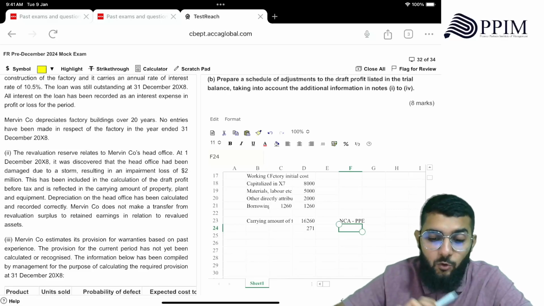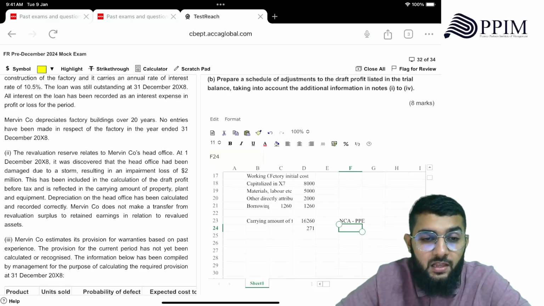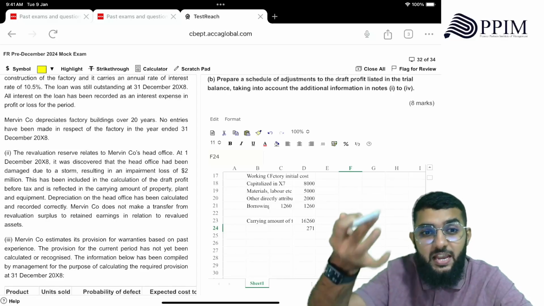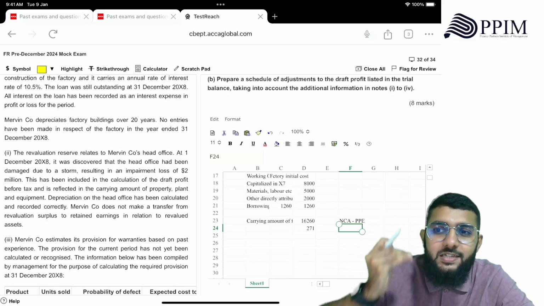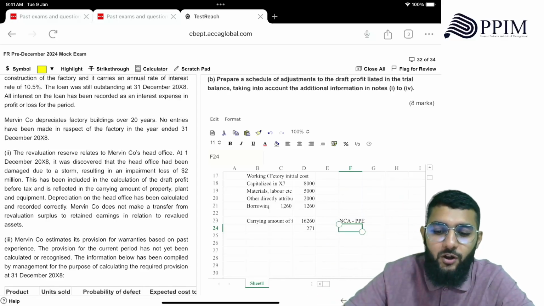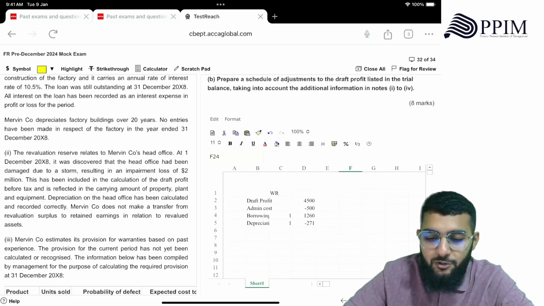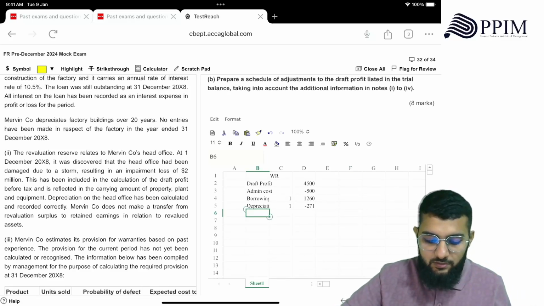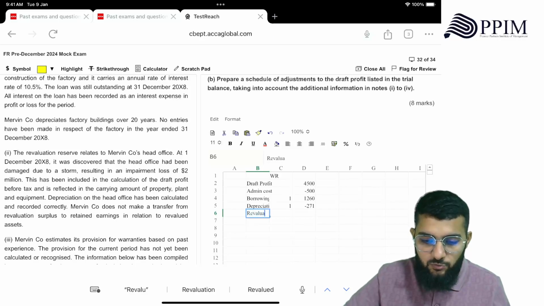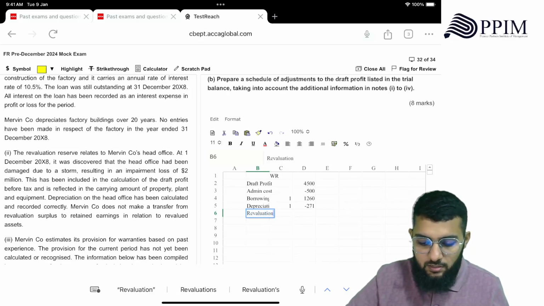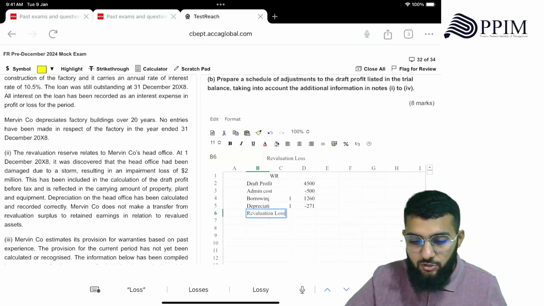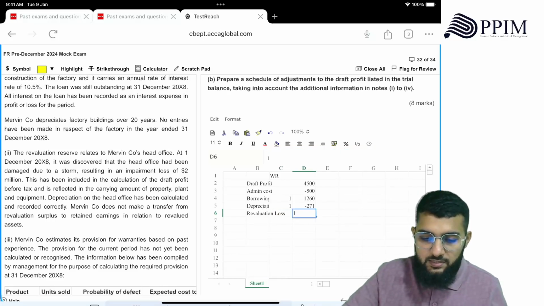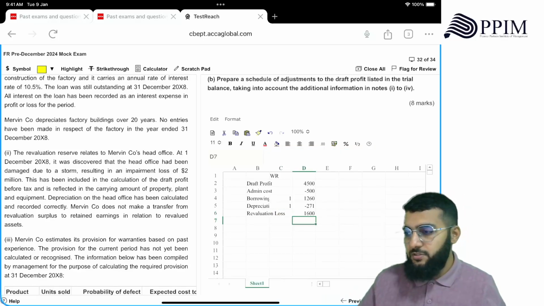Yeah. So now what have they done? They have entirely parked 2 million under PNL. So what you have to do is eliminate 1.6 million from there. You have to only record 400,000. What do you do? Draft profit, the revaluation loss that you've done, you'll have to eliminate, plus 1,600.